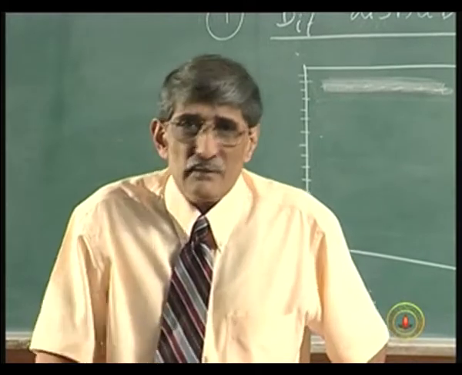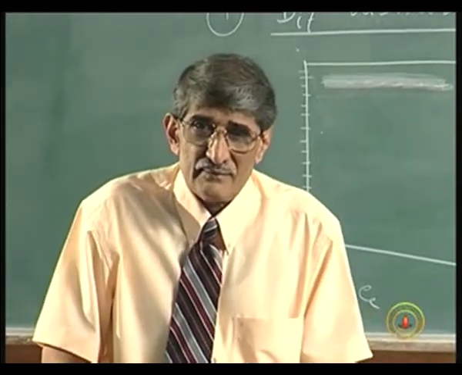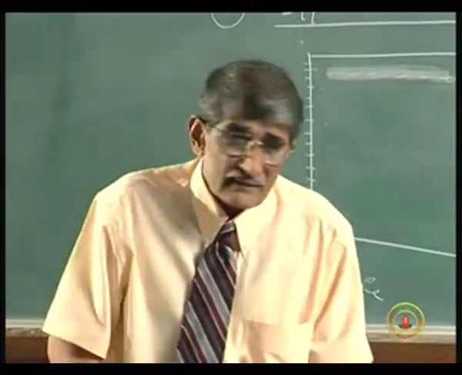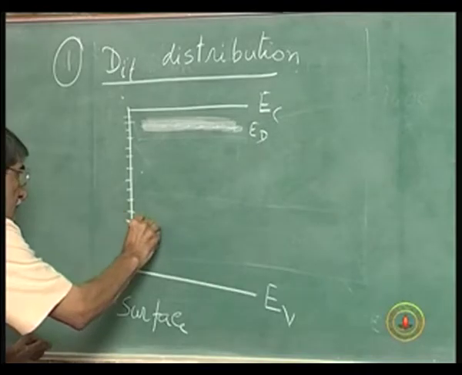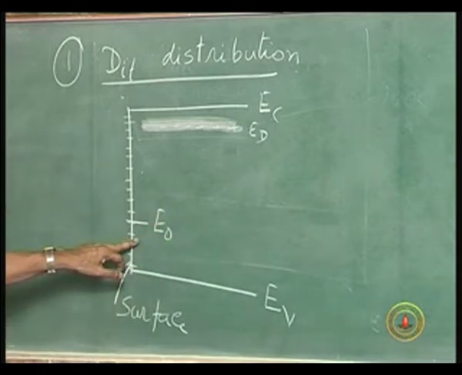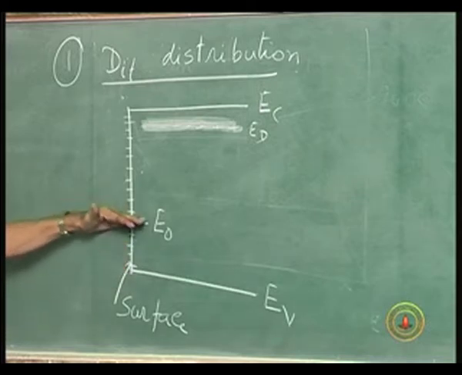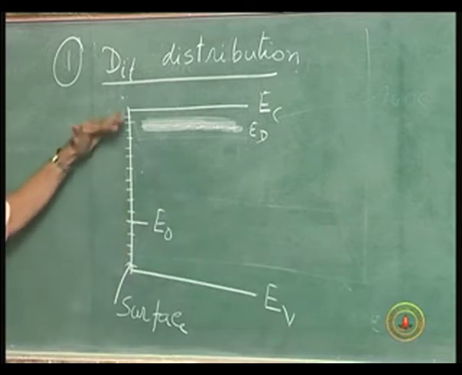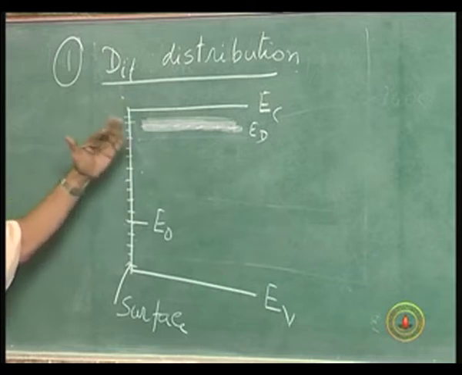Now, as I said, it can be donors or acceptors. Where will the donor level be? We said there is a neutral level, E naught, somewhere, which is characteristic of that particular material. And we said below that there are donors, above that there are acceptors. How are you justified in this?